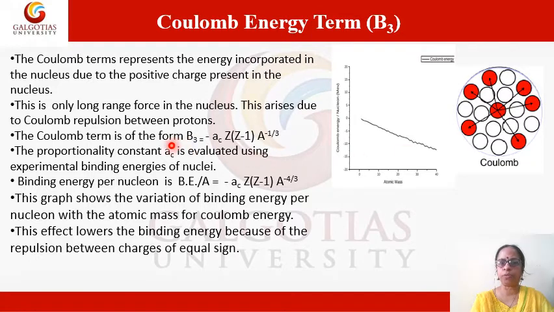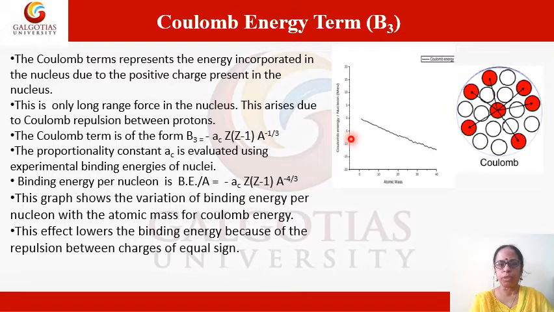This term is of the form B3 is equal to minus AC Z(Z minus 1) A to the power minus 1/3. This proportionality constant AC can be evaluated using experimental binding energies of nuclei. So binding energy per mass number A is equal to minus AC Z(Z minus 1) A to the power minus 4/3.